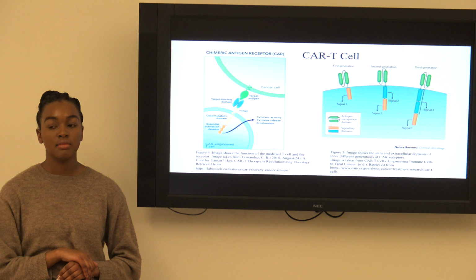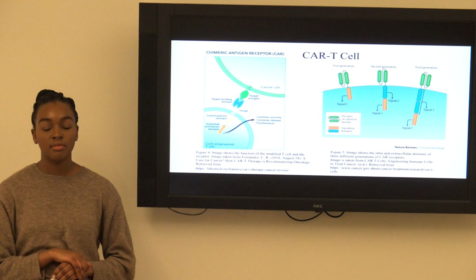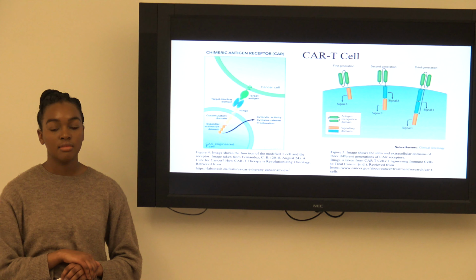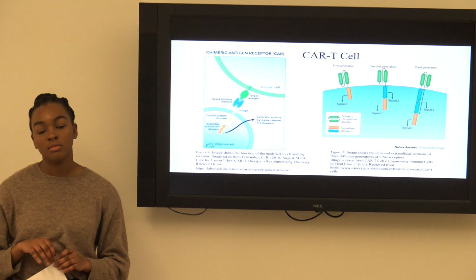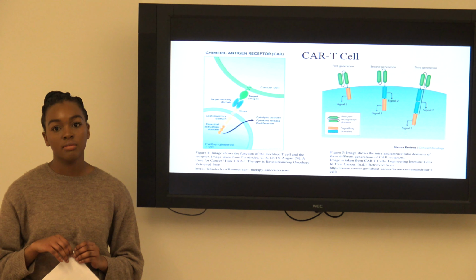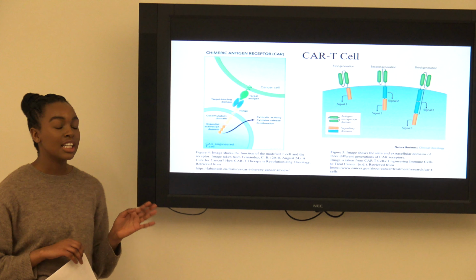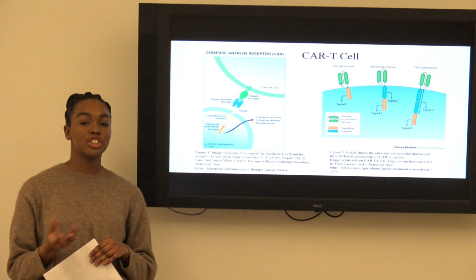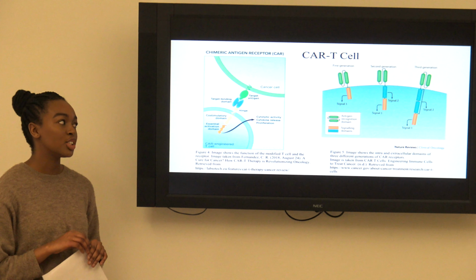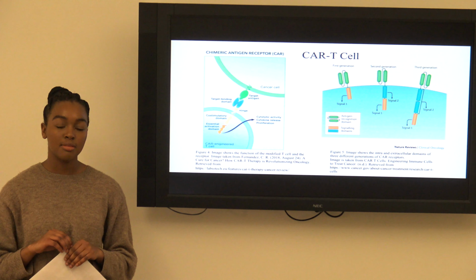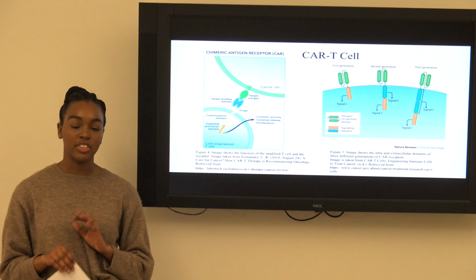Do you think that these cells, not just the healthy T cells, could lead to damage in other parts of the body potentially? Have the studies mentioned anything about this that you could find? I haven't seen anything, but that is a good point, and I think that's what they're trying to figure out, the specifics.